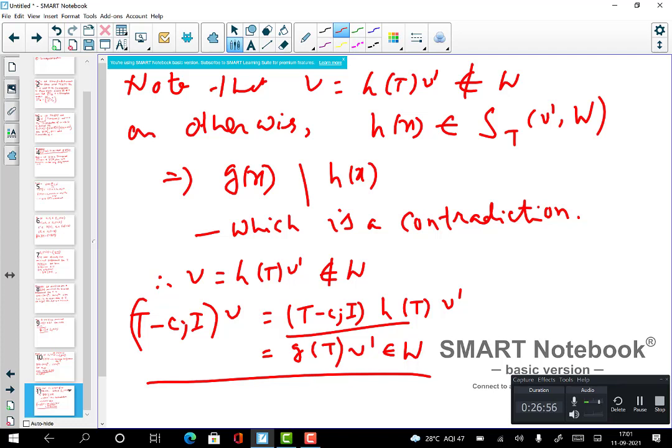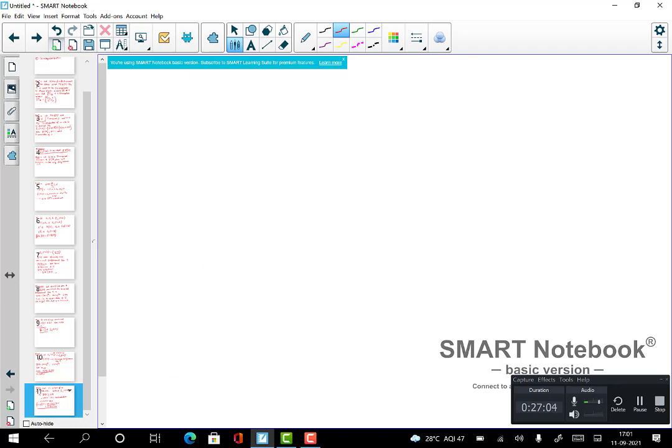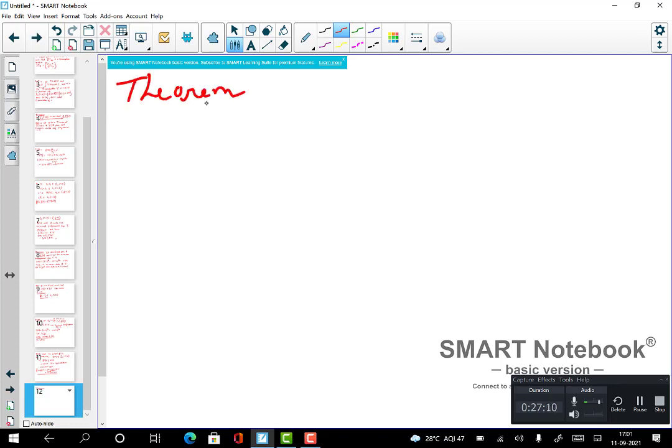It's not constant, it's a linear thing, and this is going to help us prove our next theorem, a very important theorem on the triangulable criteria.